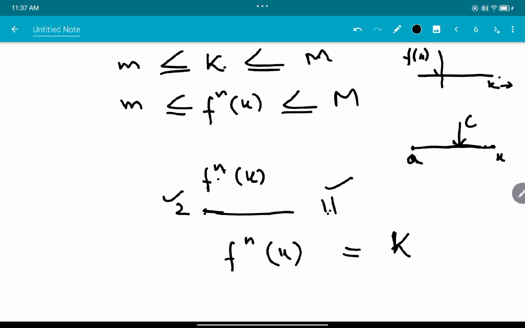That means f(c) will be equal to k, because k is a value that lies between these two, and f(x) takes all the values that lie between these two. Hence f(x) has to become k somewhere, and let that somewhere be c, that lies between a and x.